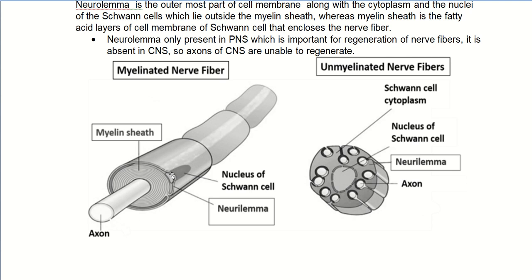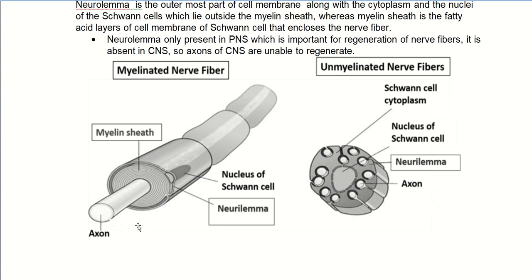this particular portion is known as the neurolemmal sheath. With any injury, this fatty layer degenerates, but this cytoplasm, nucleus and organelle rich portion of the Schwann cell persists, and it divides mitotically and guides the axon to regenerate.